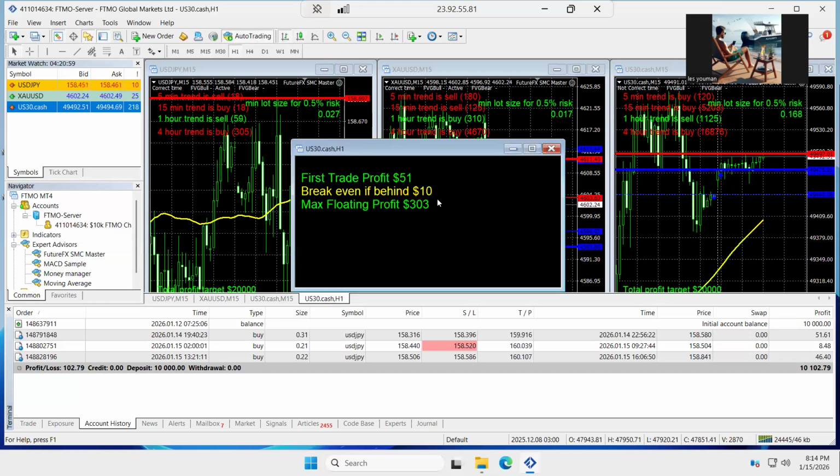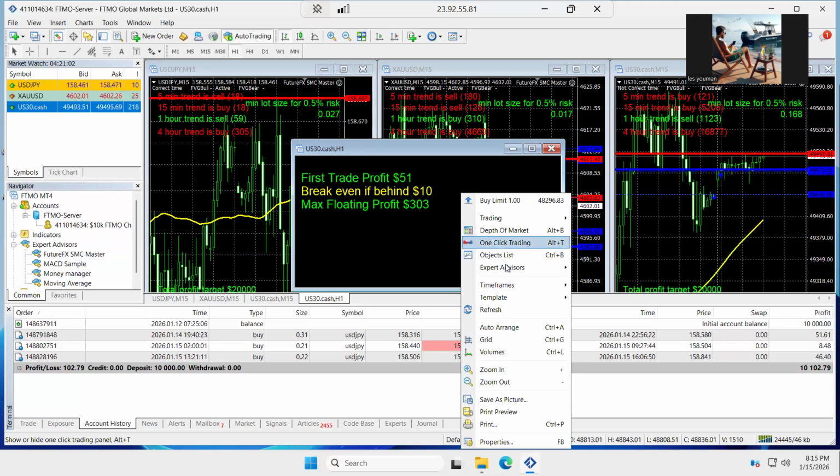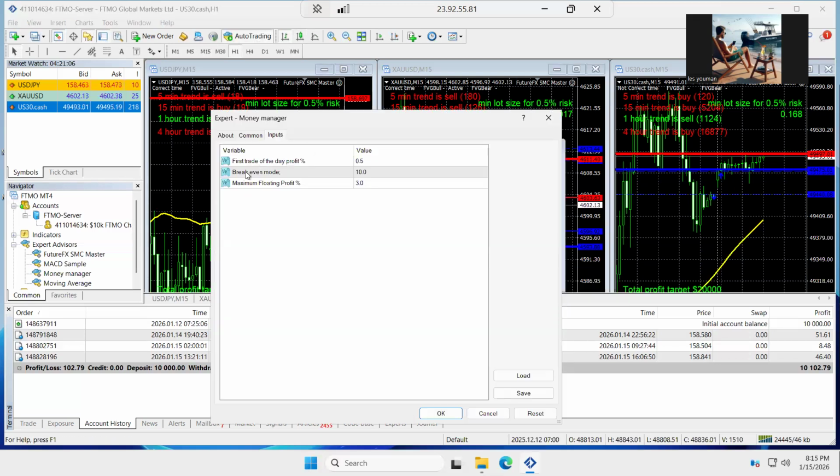So it's got a few settings. Let's have a quick look at them. Not very many settings, but the first trade of the day. All right. So at the start of the day, the very first trade, not the first trade to open, but the first trade to hit, in this case, 0.5% profit, it will close it out.